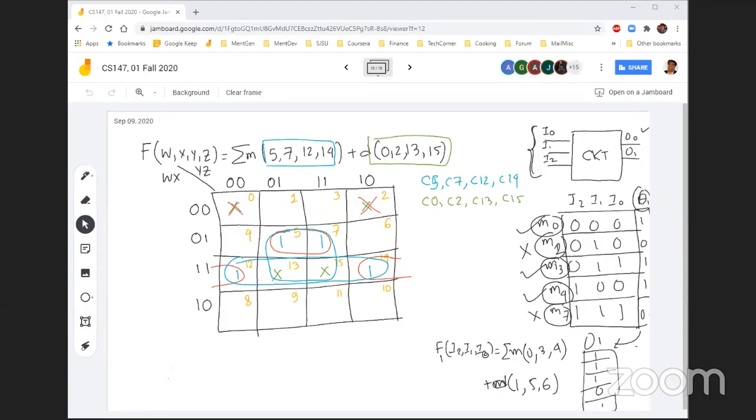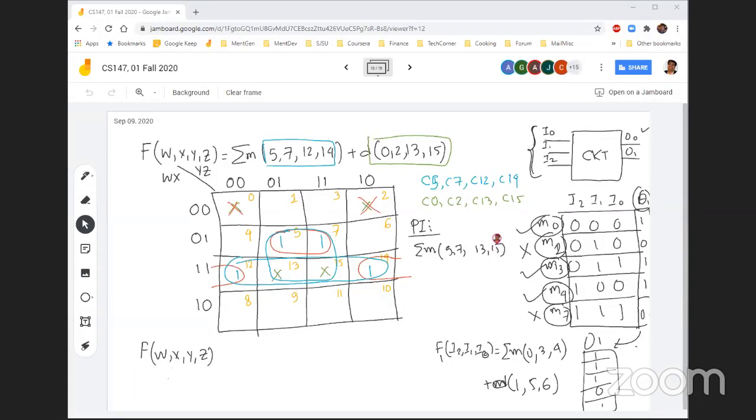All right, now how do we write down the function? The function has this concept of prime implicant or PI. A PI is a maximal group. So for this case, it has two prime implicants, this one and this one, right? And we write down this prime implicant in compact SOP notation as 5, 7, 13, 15.